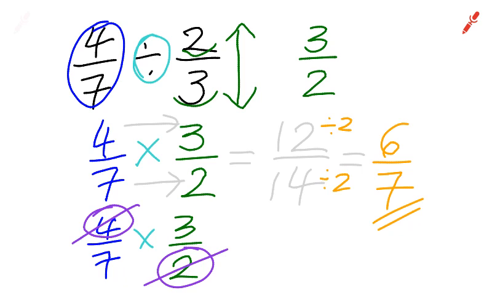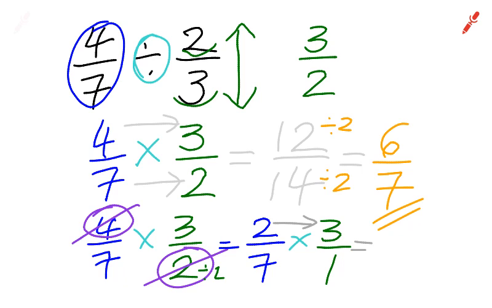So this would look like, if we halve the 4, 2 over 7 times the original 3. Now how many 2's into 2, or halving the 2? 1. And then we would be ready to multiply across. 2 times 3 is 6, 7 times 1 is 7, which gives us exactly the same answer.